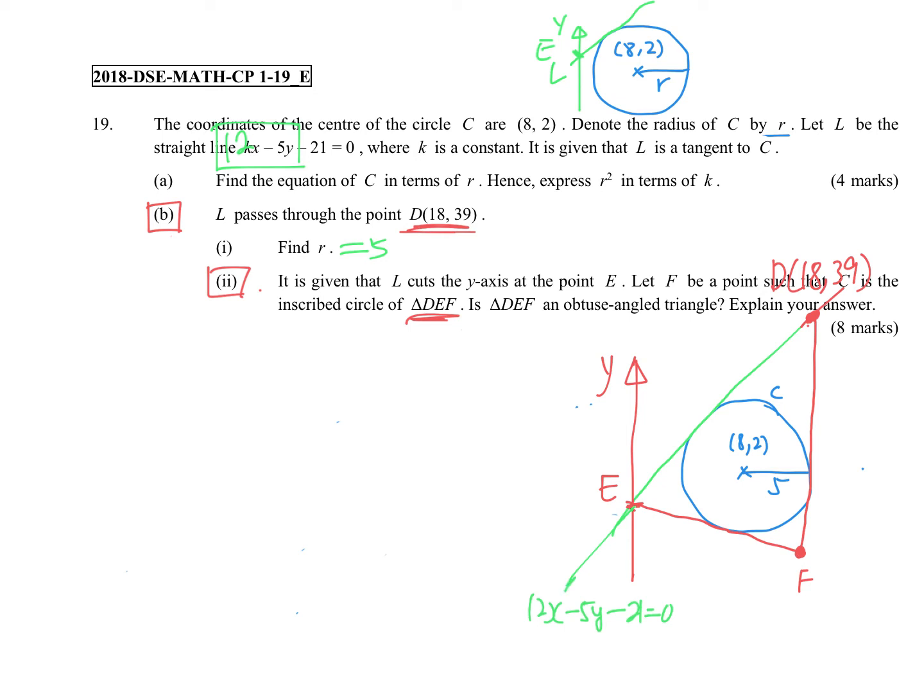So 5y equals negative 21, so y is negative 21 over 5, which is negative 4.2. So E would be (0, negative 4.2). So now if the center is G, this is G.